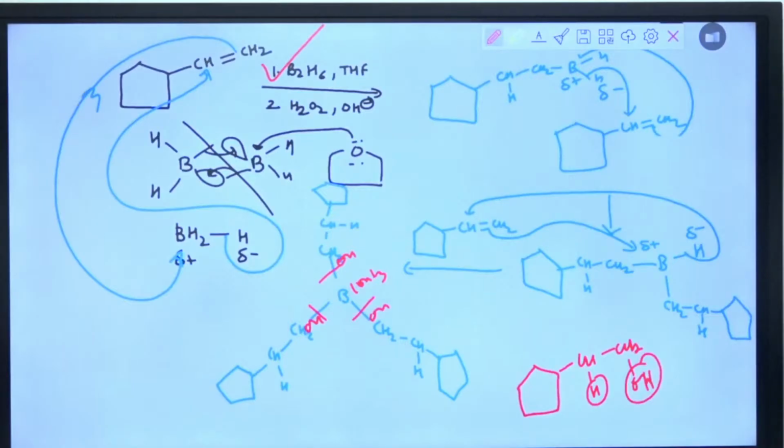Yes, 3 units of this. So basically diborane will be in a controlled amount and this will be in huge amount, so automatically this will happen. What are we learning?